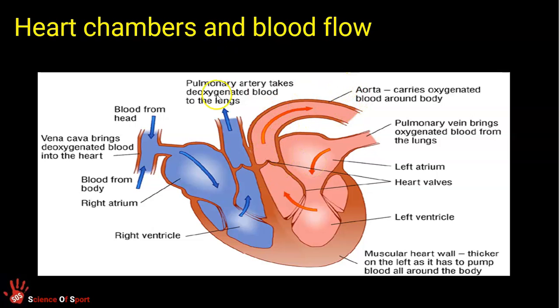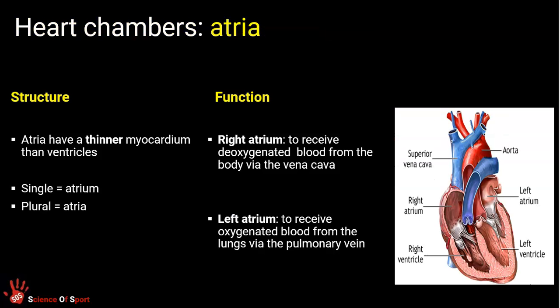So you definitely need to know the names of these four major vessels, the two veins, pulmonary vein and the vena cava, and the two arteries, the pulmonary artery and the aorta, plus of course the names of the four chambers. So some more detail, again, you can pause and look more closely, but the two atria, these top two chambers, have thinner myocardiums, so their muscular wall is much thinner because functionally all they've got to do is move blood down to the ventricles.